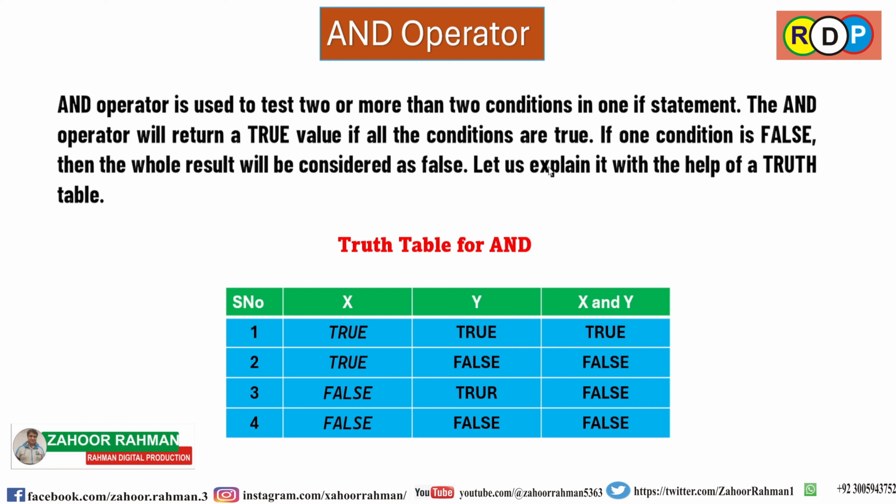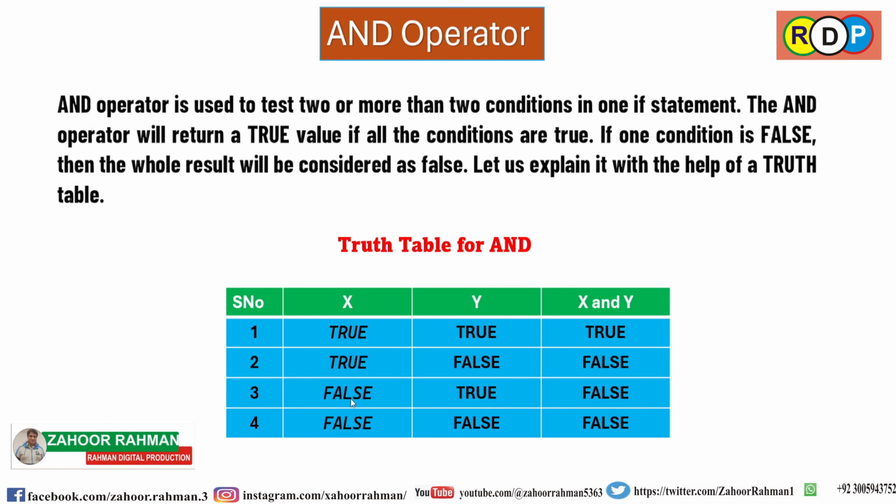That is what I told you, that if all the conditions are true, then the true value will be returned. So if the first condition is true and the second condition is false, the whole value of the returned expression will be considered as false.